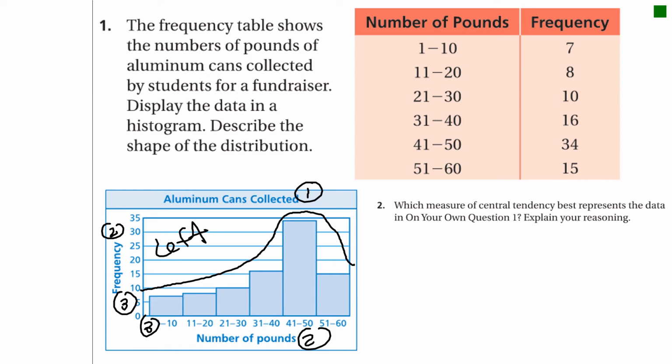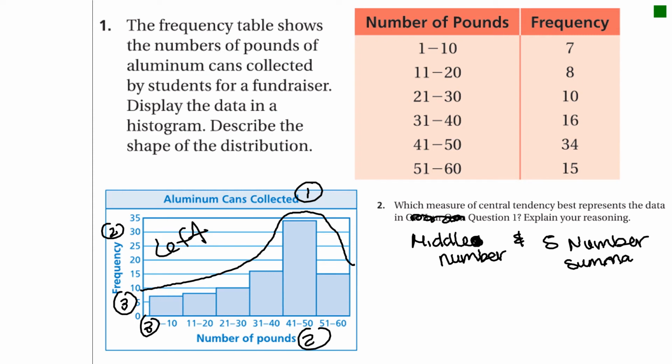Now, when we look at describing the measures of central tendency that best represent this data, we're going to use the middle number and that 5-number summary, because the data points are skewed to the left.